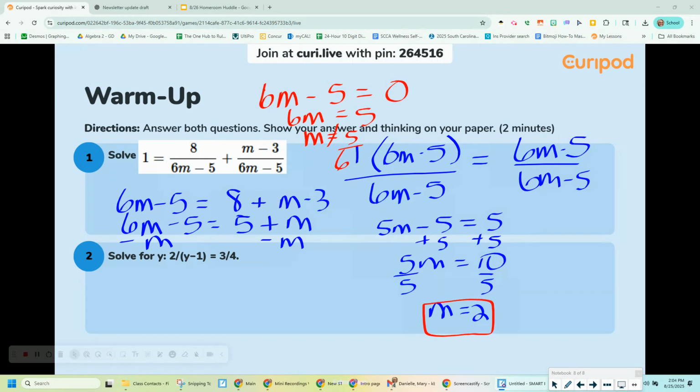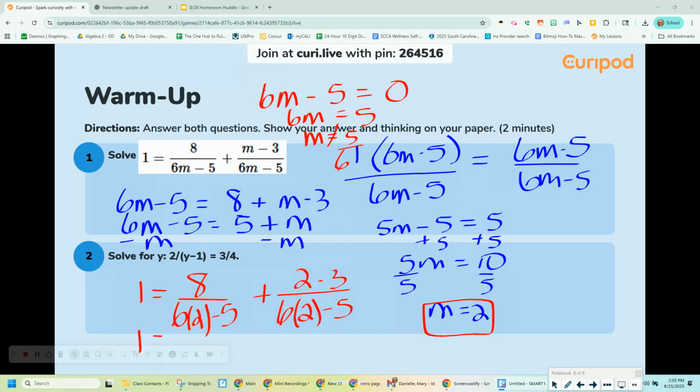Now I'm going to check it to make sure that it is not extraneous. So anywhere in my original problem where I have an m, I'm going to replace that with 2. 1 equals 8 over 6 times 2 minus 5 plus 2 minus 3 over 6 times 2 minus 5.